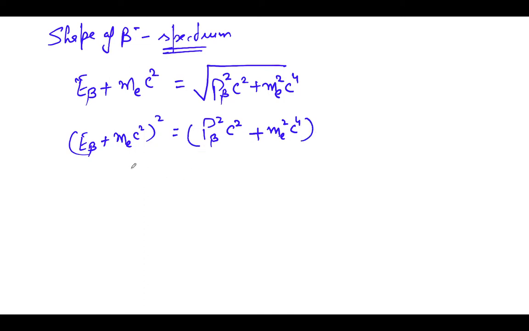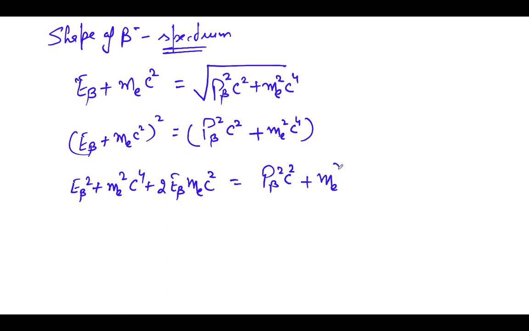So this we can write down as (a + b)², which is equal to a² plus b² plus 2ab. So this becomes p_β² c² plus m_e² c⁴.